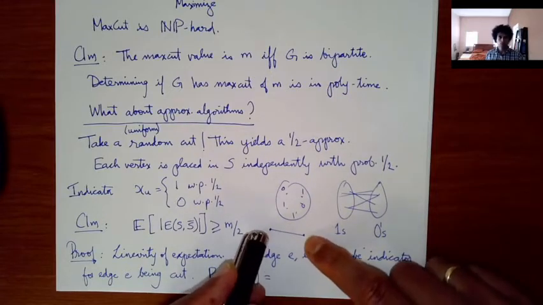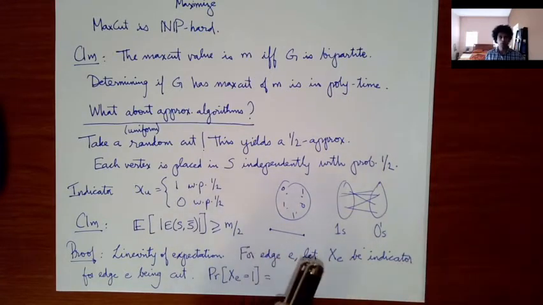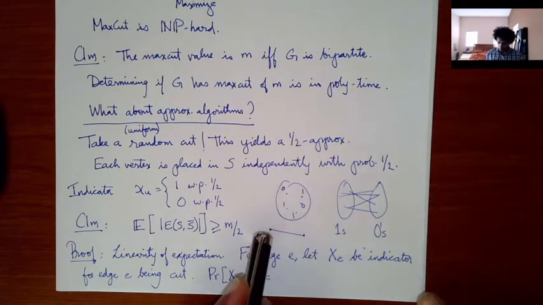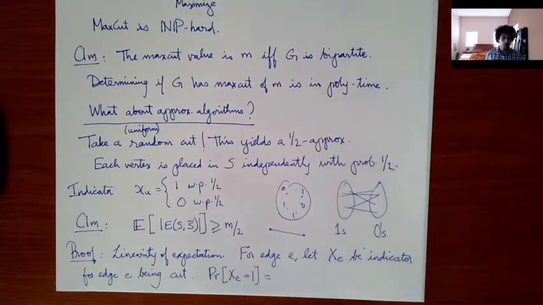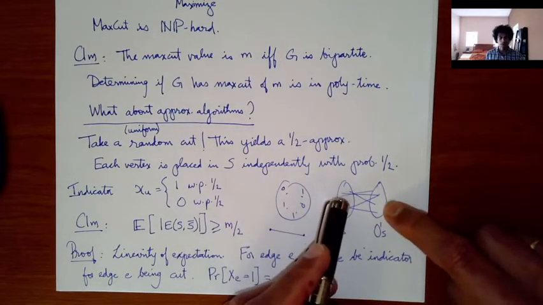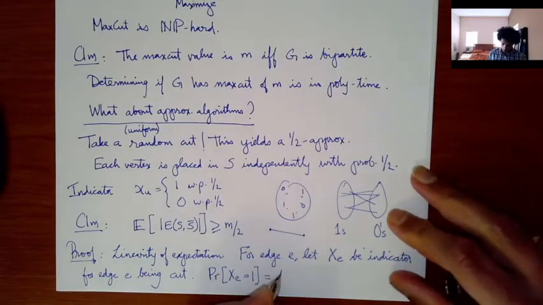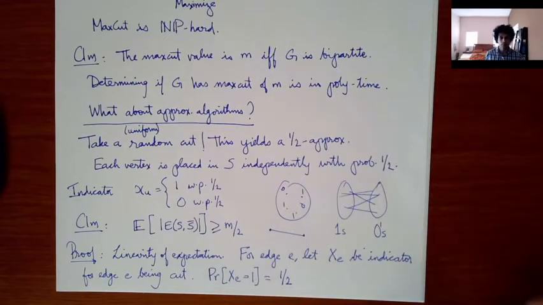Right, so you take an edge, and for every endpoint you flip an independent, unbiased coin. If the coins come out to be different, they're on different sides, and the edge is cut. If the coins come out to be the same, they're on the same side, and the edge is not cut. So the probability is exactly a half.